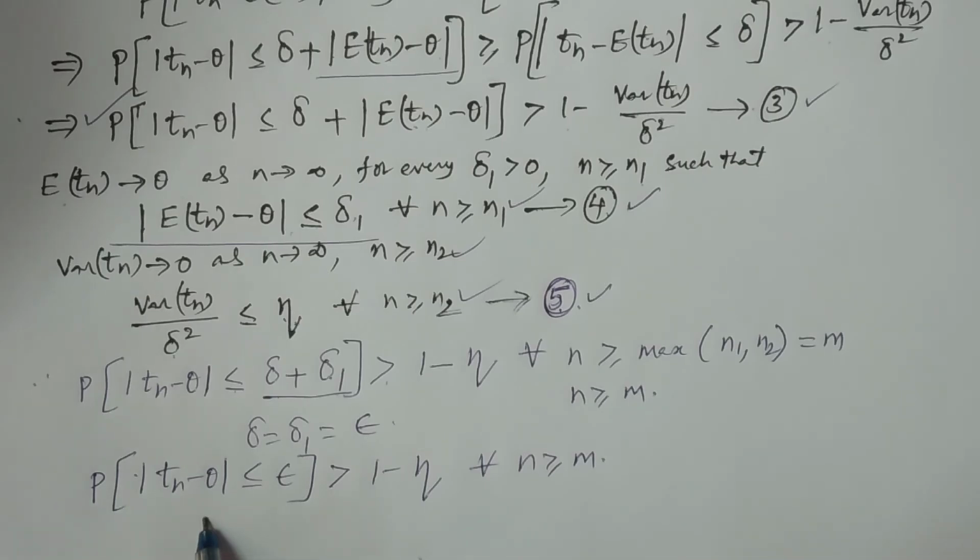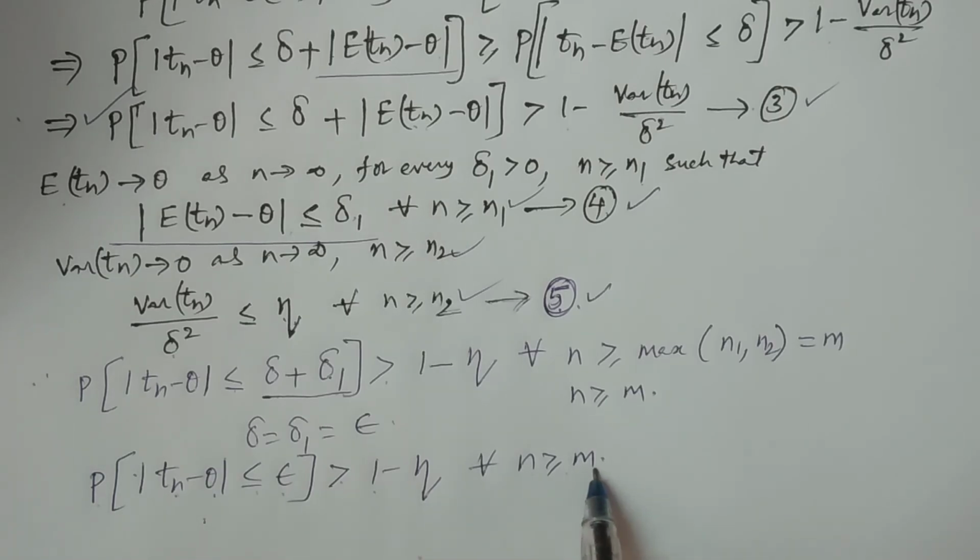It is nothing but the definition of a consistent estimator. It is the definition of consistency. Whenever the probability of the modulus of Tn minus theta being less than or equal to epsilon is greater than 1 minus eta for all n greater than or equal to m, then Tn is a consistent estimator of theta.